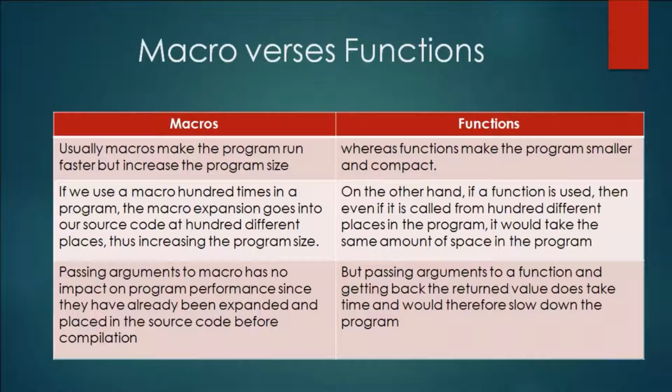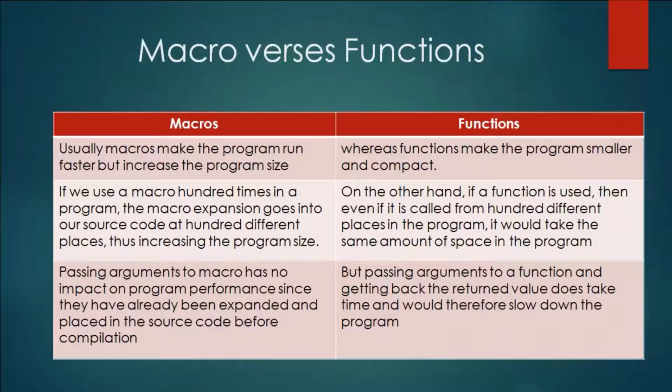Thus it increases the program size, because as we have seen, the macro definition will be copied at the place we have called the macro. On the other hand, if a function is used, even if it is called from 100 different places in the program, it would take the same amount of space, because its definition will not be replaced at the place where we have called it.